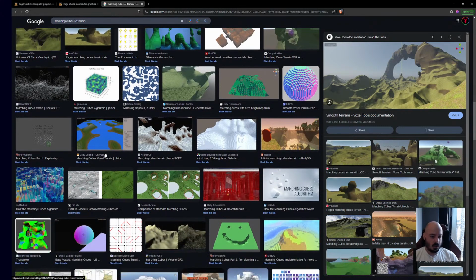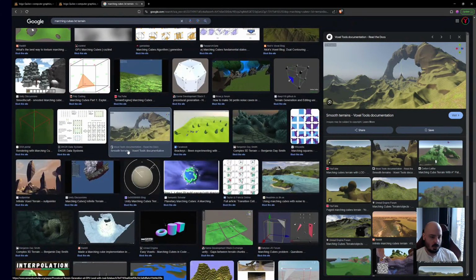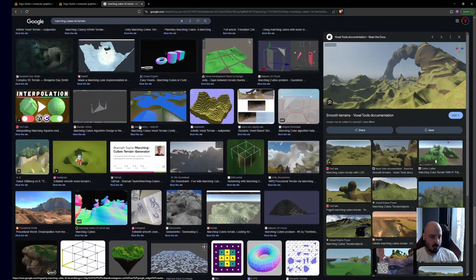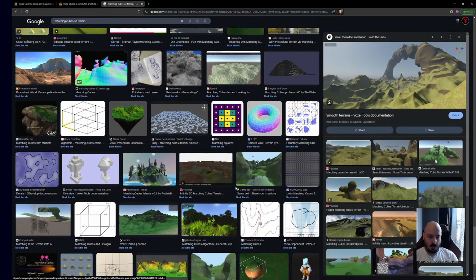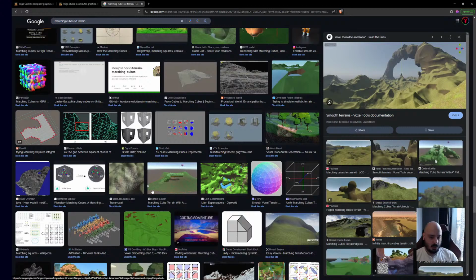So sort of like, yes, voxels, but the smoothness is, well, they're not cubes. We're not going to use cubes. We're going to use marching cubes, which gives you this sort of sloped terrain.